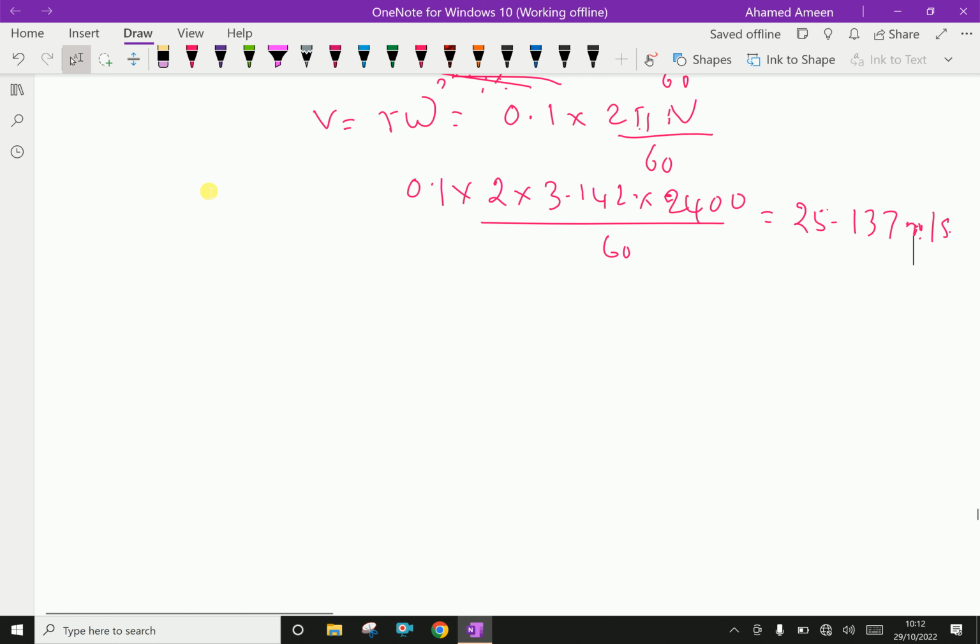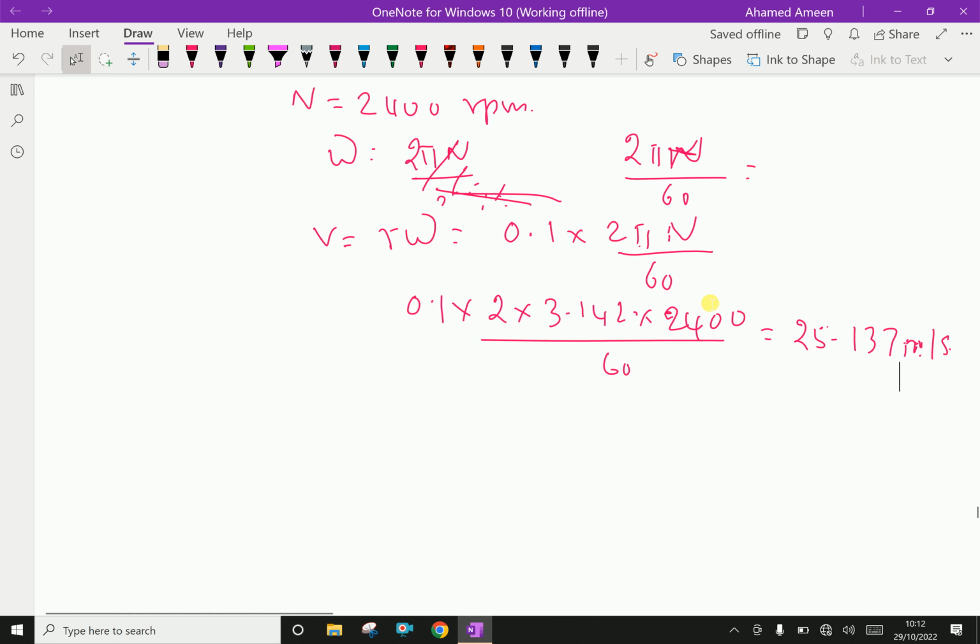That is calculated. Linear speed is 25.137 meter per second.